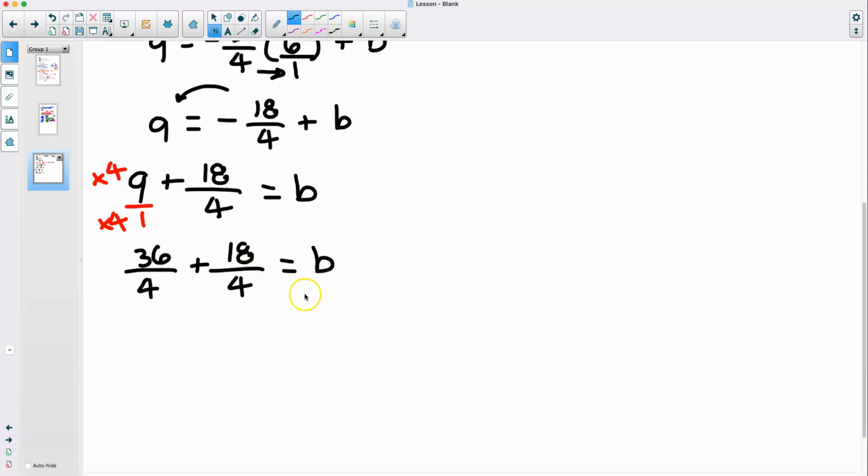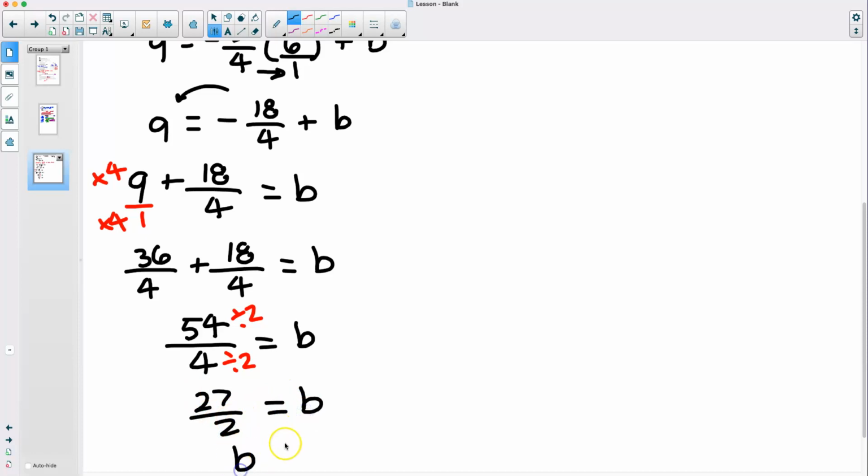When we add these two together, we get 54, and we keep that denominator of 4. We can reduce this very slightly if we divide the top by 2 and the bottom by 2. What you do to the top, you have to do to the bottom. And you're going to get 27 over 2 is equal to b. But very importantly, we write b is equal to 27 over 2.